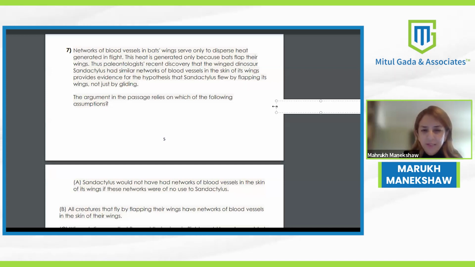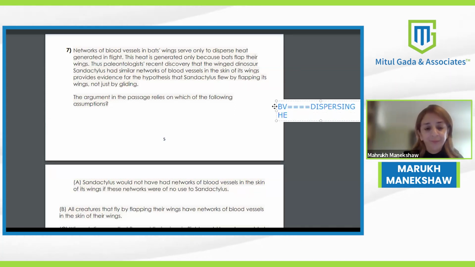Networks of blood vessels in bat wings serve only to disperse heat generated in flight. Okay. So here we have the first premise telling us that blood vessels in bats only serve the purpose of dispersing heat.